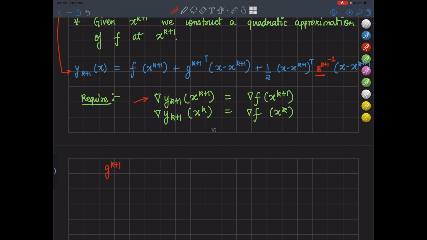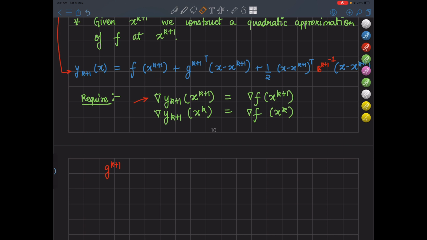If you find the gradient, this term goes to 0, this becomes gk plus 1, and this remains bk plus 1 inverse times x minus xk plus 1. As soon as you put xk plus 1, this becomes 0. So only gk plus 1 survives.